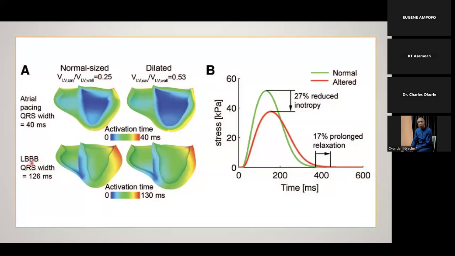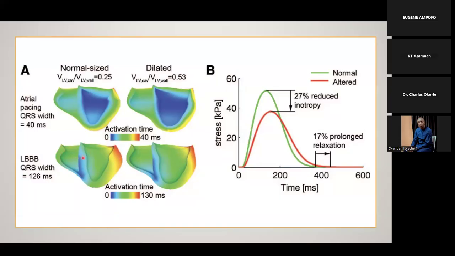Now over here we have a left bundle branch block with a QRS of 126 milliseconds. So again we have this color coding here. So then you can see that the septum here is blue, so it is contracting pretty much immediately. But because of the left bundle branch block, the RV contracts first, and then retrogradely the LV free wall.